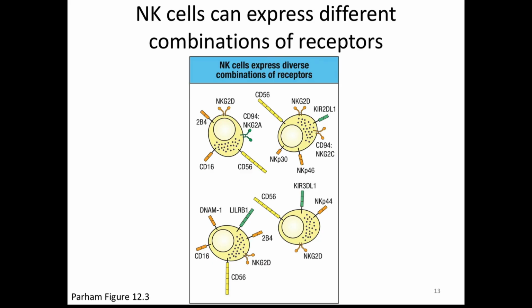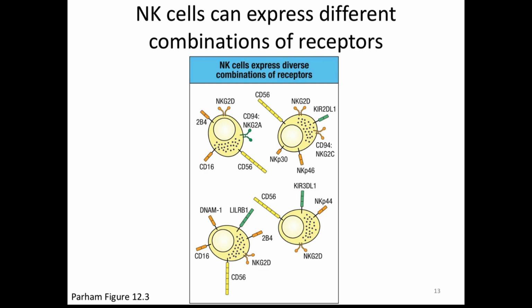and I haven't told you yet what the receptors bind to, but as you will see, the receptors are generally not specific to an individual microbe. They're generally going to be responding to some kind of broad stimulus. And so in a lot of ways, these receptors look a lot like innate receptors, more so than adaptive receptors, because we can see multiple different receptors on one cell, which is not what we see in adaptive immunity where we have allelic exclusion.